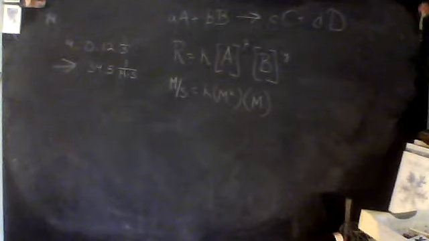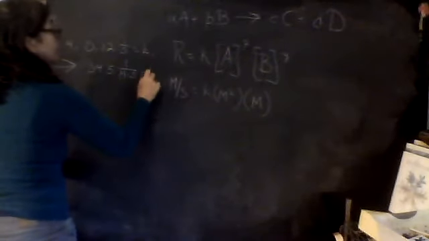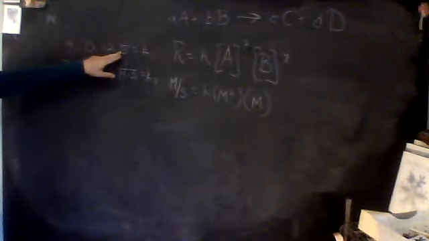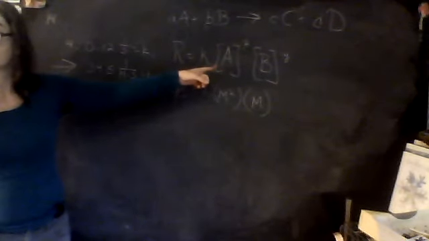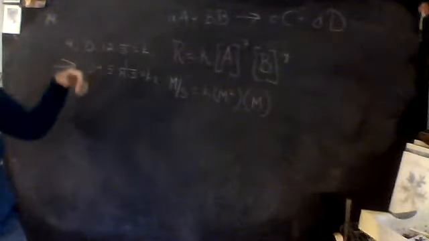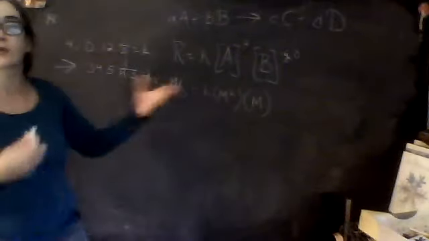Let's look at the first statement. The overall order must be different from each other. In the first reaction, the k units are 1 per second. That tells us that none of these molarity units are squared. One of them isn't even there, otherwise we'd have molarity in our units, right? So one of them is to the 0 power, which gives no molarity, and the other is just to the 1 power.